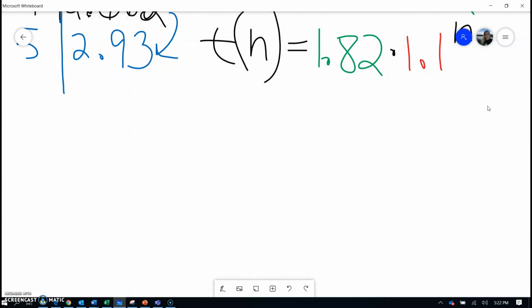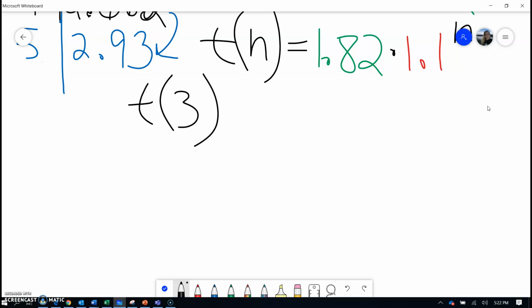I'm going to scroll down and let's double check. We already knew what t of 3 was, but let's put it in our formula and double check it. So we get 1.82 times 1.1 to the power of 3.